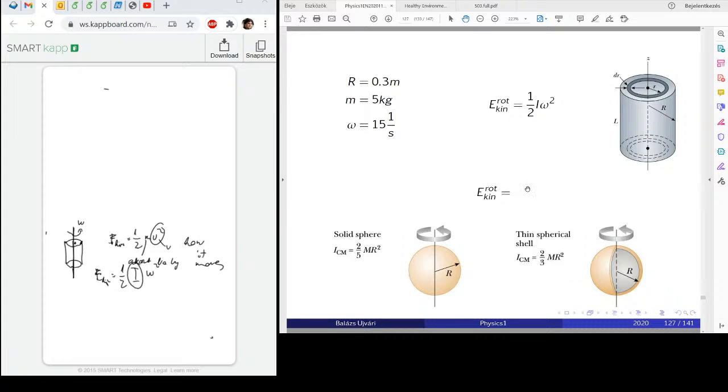So calculate the rotational kinetic energy of these bodies with these parameters: 0.3 meter, 5 kilogram, 15 1 over s. This is the full ball, and this is an empty ball.